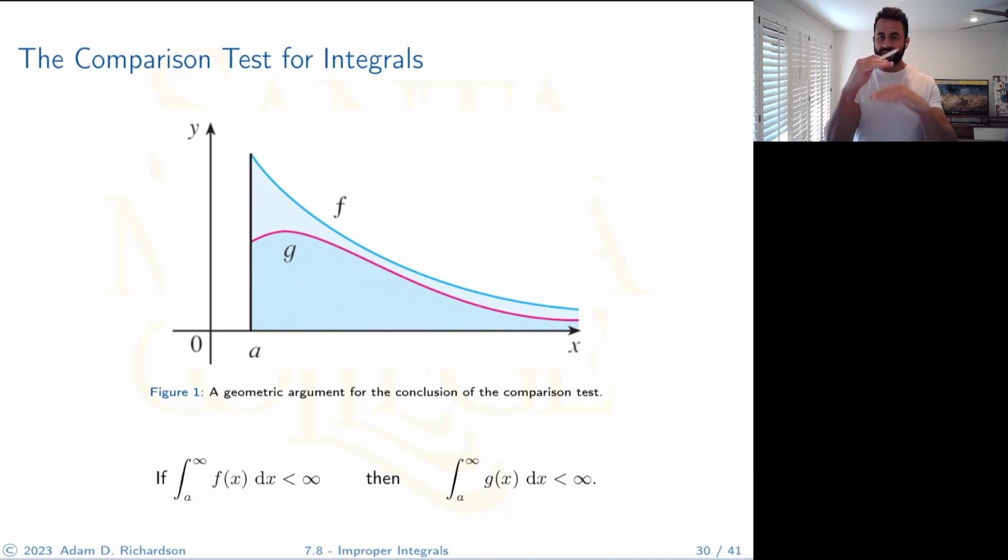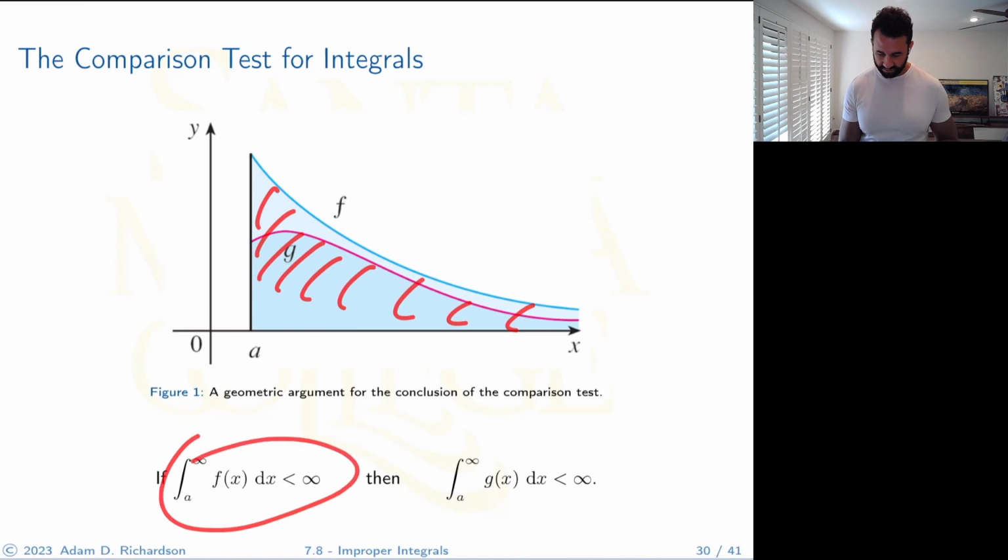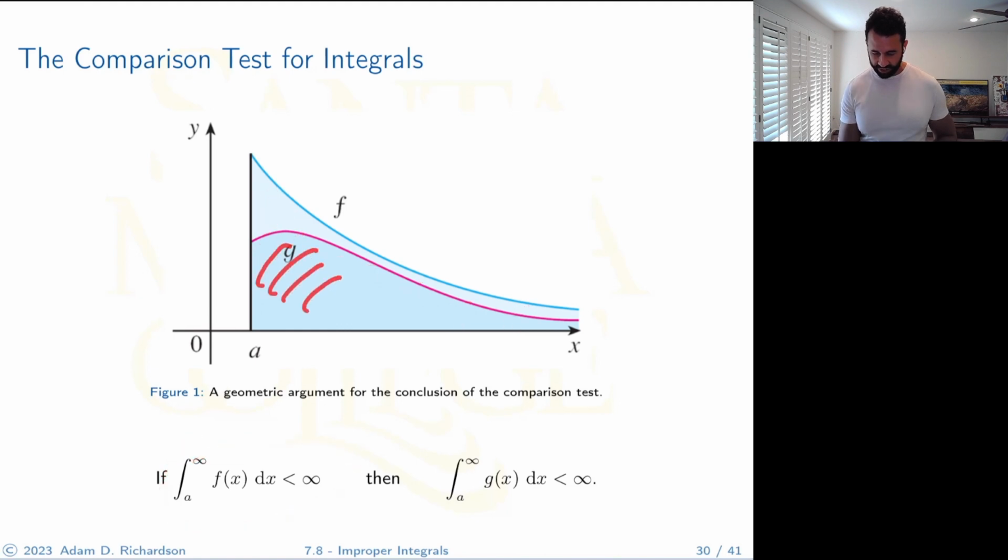So that dominating relationship is important. That's what this is saying. So if the area under f is finite, then the area under g has to be finite. All right, now let's look at the other result. So now the opposite result is also true.